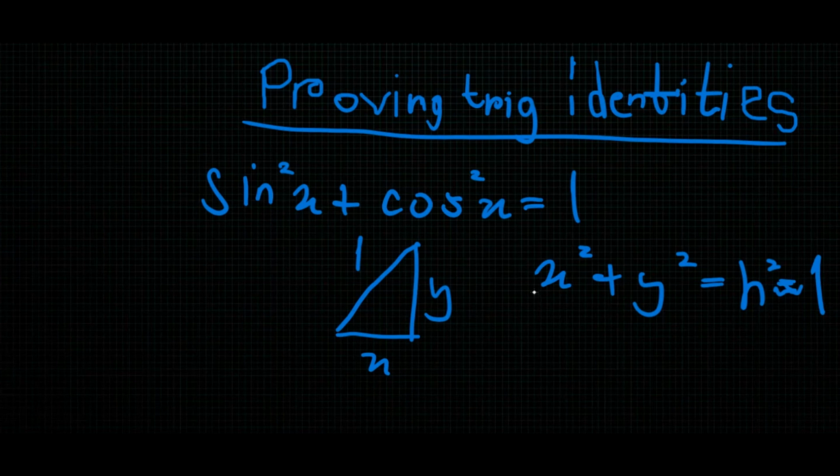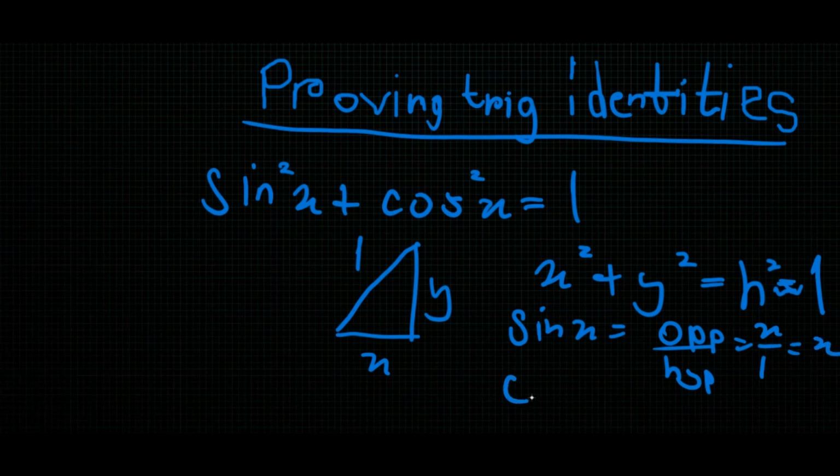We also know that sine x equals opposite by hypotenuse, which is equal to x by 1, or only x.